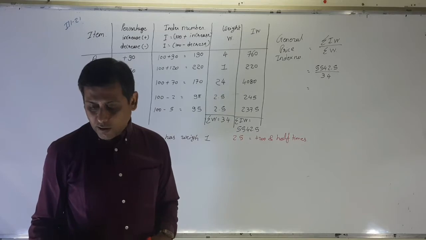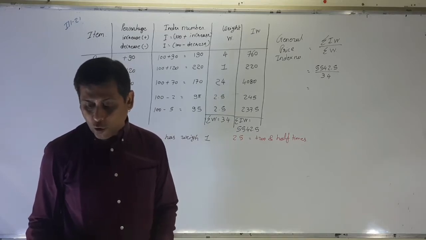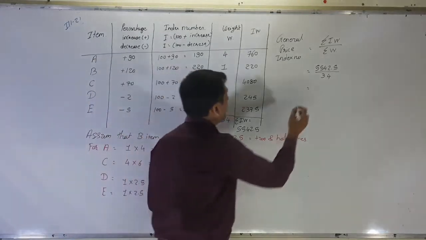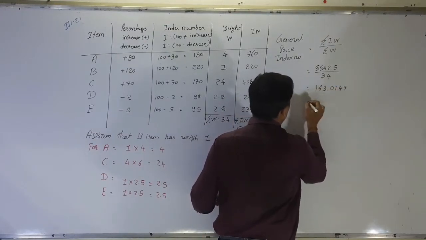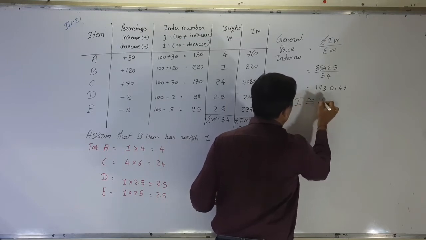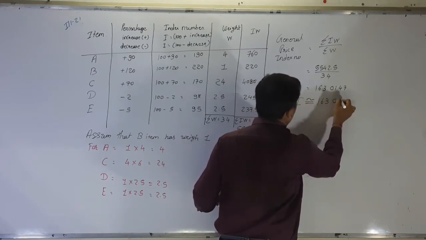The answer is 163.0147. So your approximate answer for the index number is 163.01.